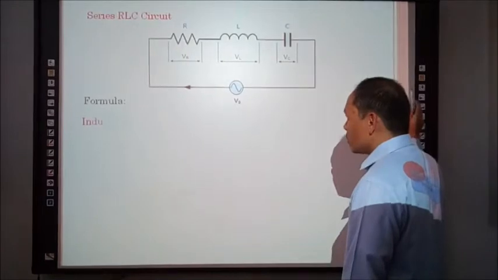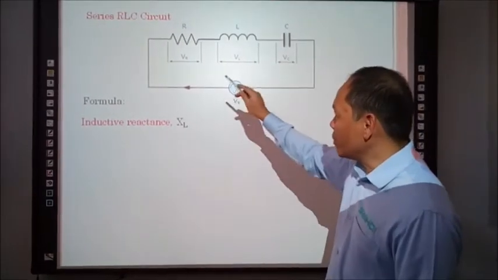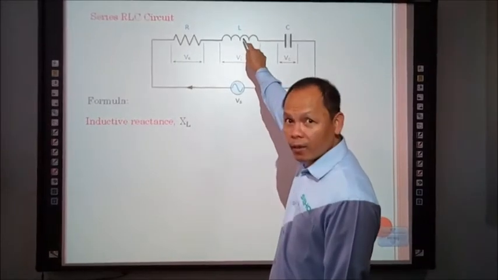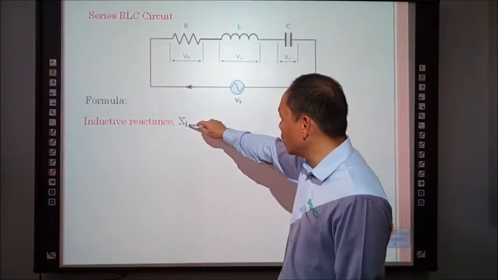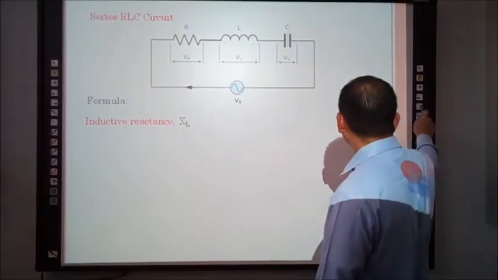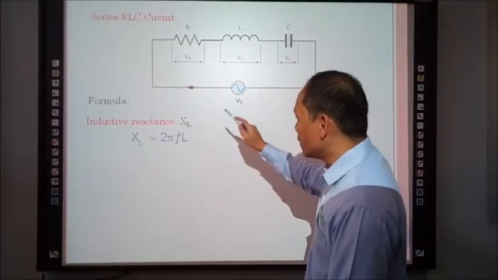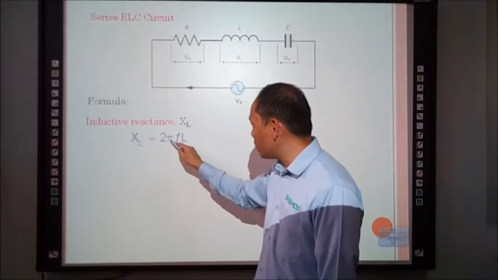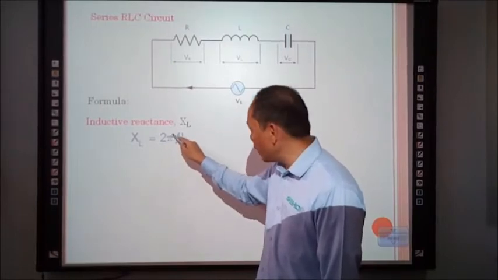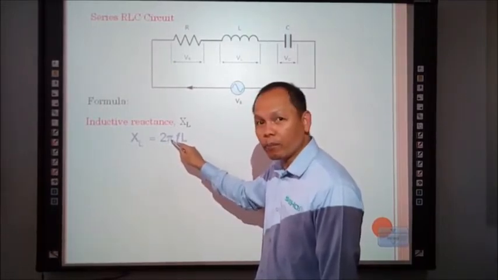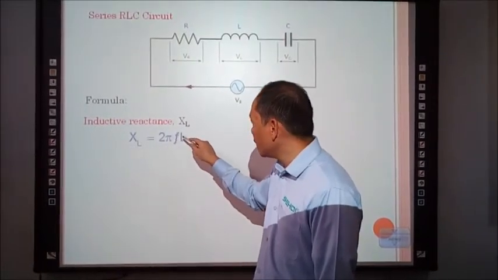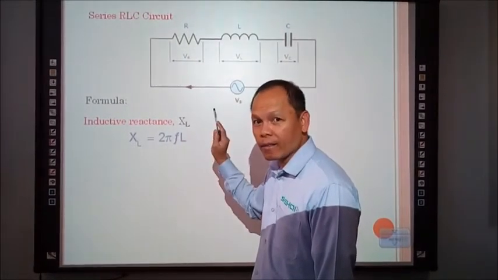First, you have to solve for the inductive reactance of the inductor, which is called XL. This is the formula: XL is equal to 2 times pi, and we know the value of pi, which is 3.1415, times the frequency, times the inductance.